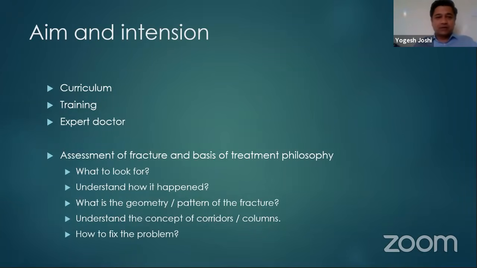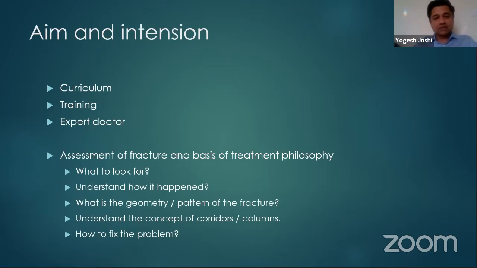So the aim of this webinar is to go through how to describe the x-rays, how to present your case, what to look for, and understand the basis of how this fracture has happened, the pathophysiology of these fractures, and how the geometry and pattern of the fracture determine its treatment, especially going through various approaches that you could use.